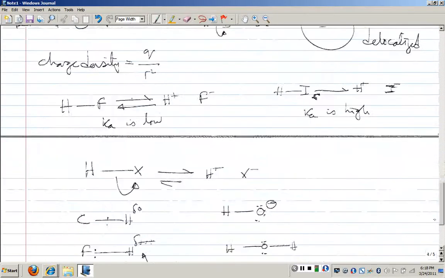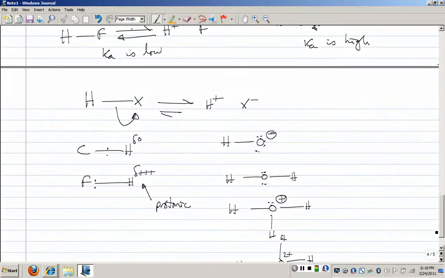So the answer really then comes down to what is the size of the dipole on this H? So yes, O is electronegative, but the ability of the O in hydroxide to draw the electron pair in the OH bond towards itself has to be compromised by the fact that the O is already negative. So if the O is already negative, then it's not going to be able to draw much more electron density towards itself.